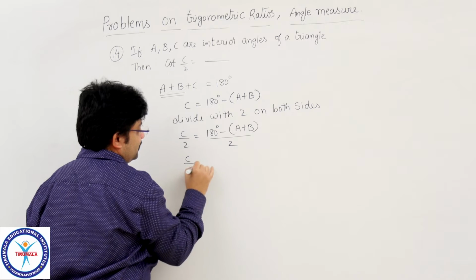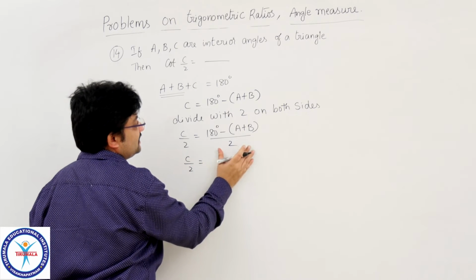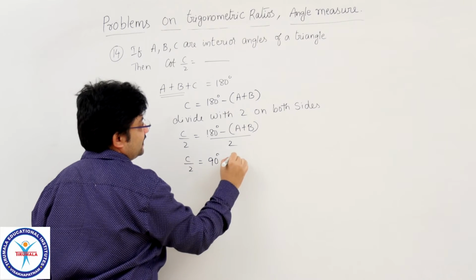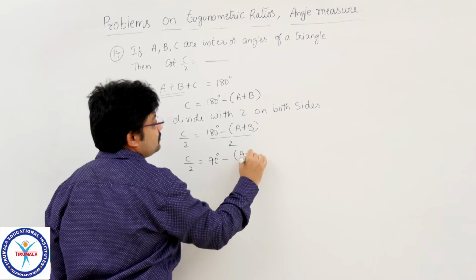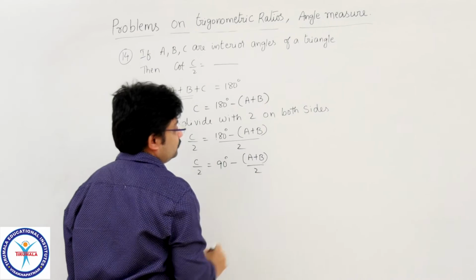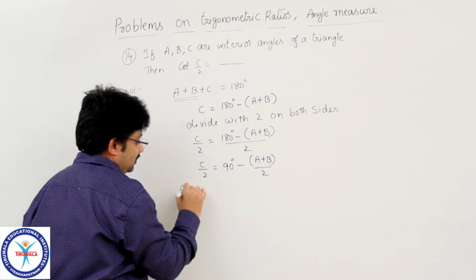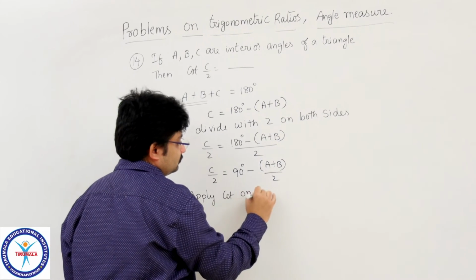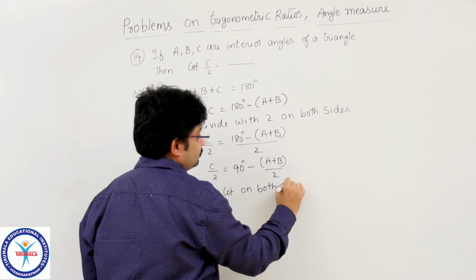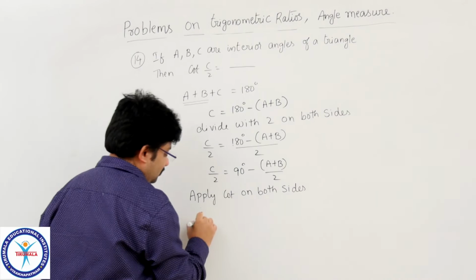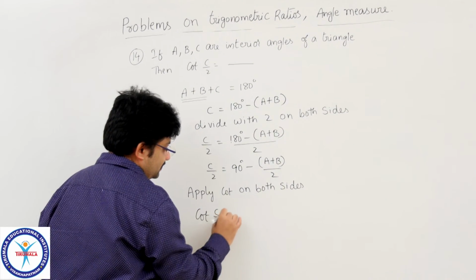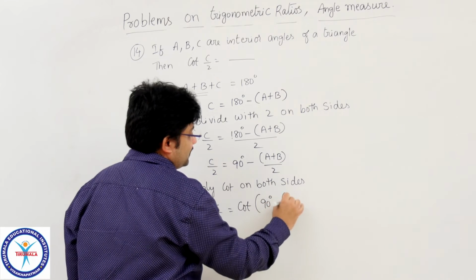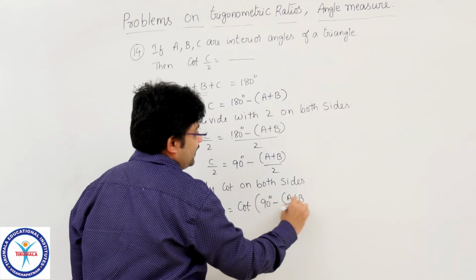That is C by 2 is equal to, I am doing a partial fraction, 180 by 2, that is 90 degrees minus of A plus B by 2. Now apply cot on both sides. Therefore, cot C by 2 is equal to cot of 90 degrees minus of A plus B by 2.